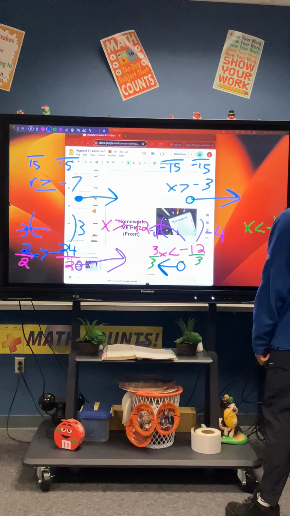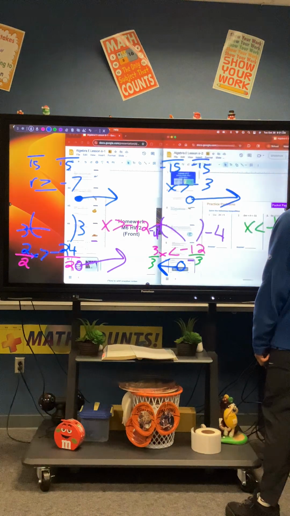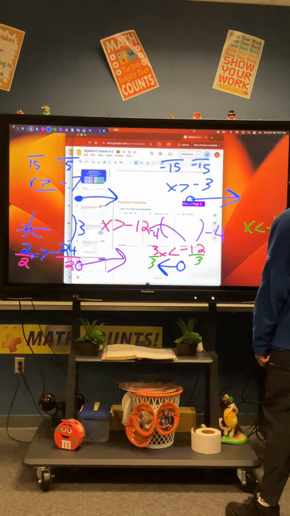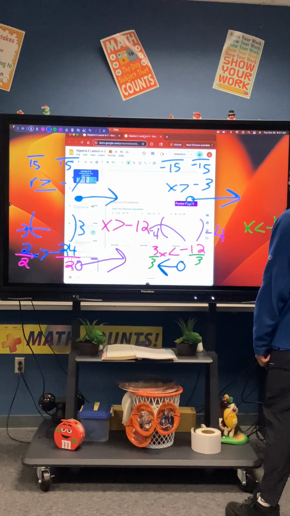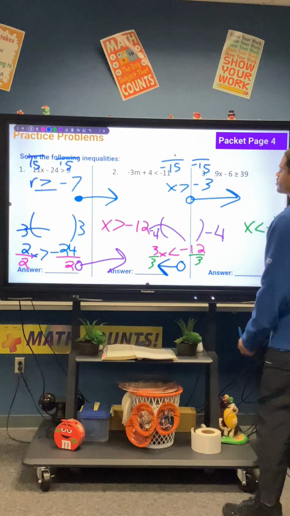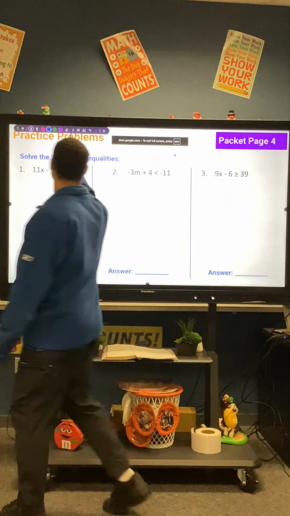Go to page 4. We might as well move on to the multi-step real quick.